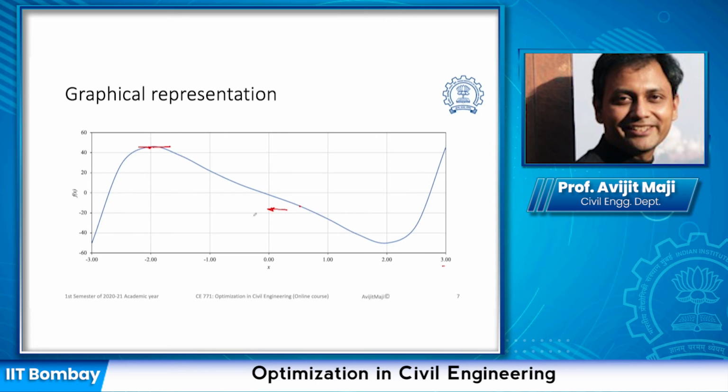On the second example, when we started the point at somewhere here, and as it chose this direction, it reached the point here, and at this particular location the gradient is 0, and hence plus 2 is reported as the optimum point.